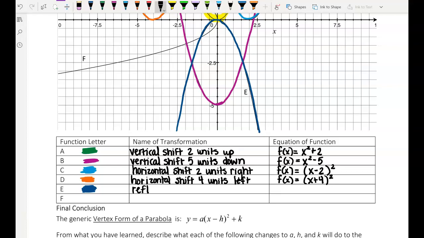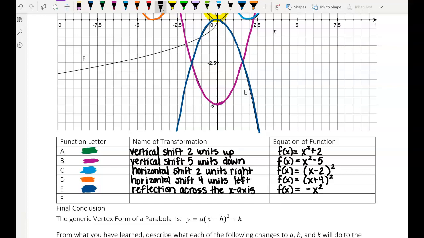Yeah, so this is a reflection across the x-axis. Which means that it would be f of x equals negative x squared. That's how it moves down. We have that negative out front.